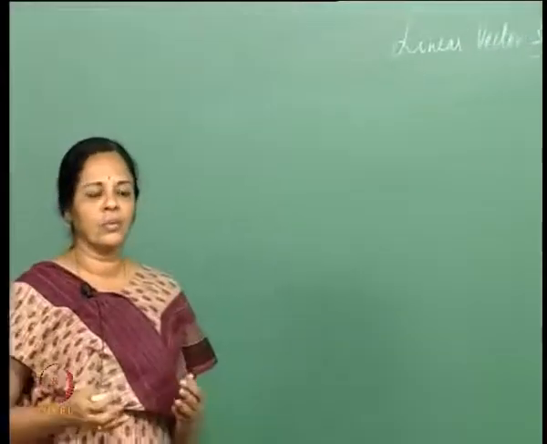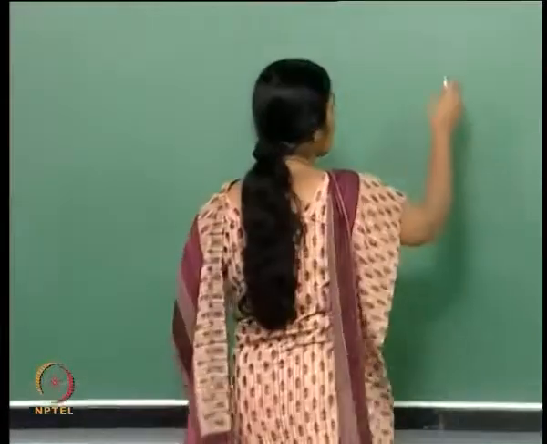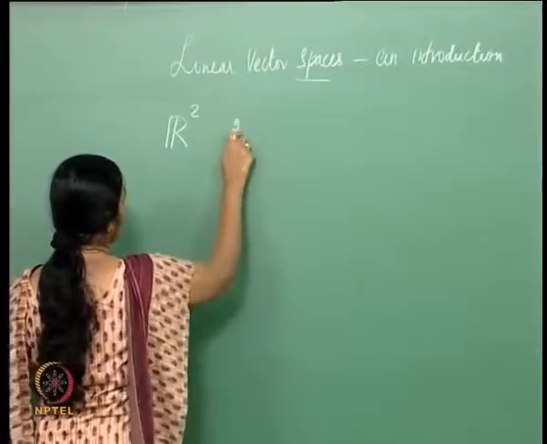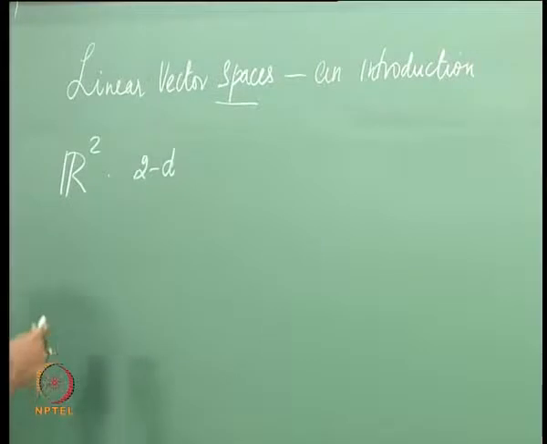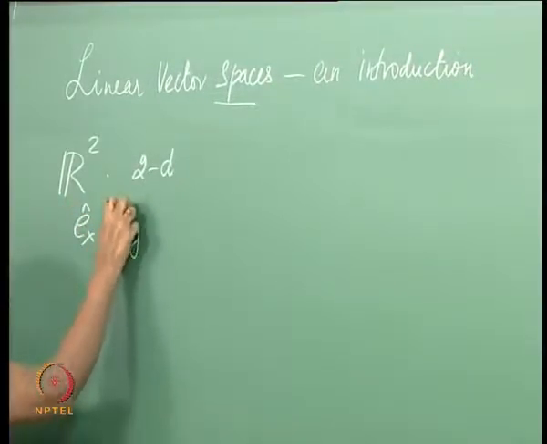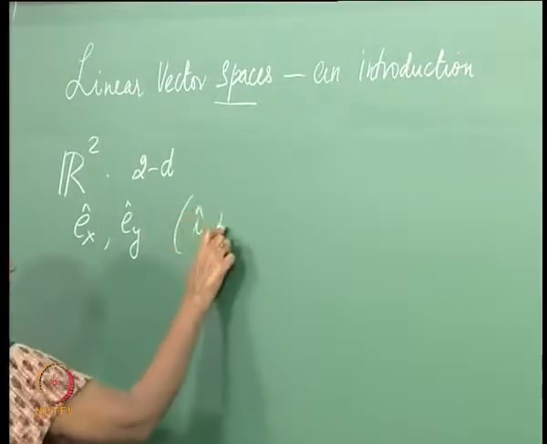Let's start with something we already know, which we are familiar with, and that is the two-dimensional linear vector space, which I will call R2, 2 for 2 dimensions. You will have basis vectors Ex and Ey. You could also call them unit vectors i and j.